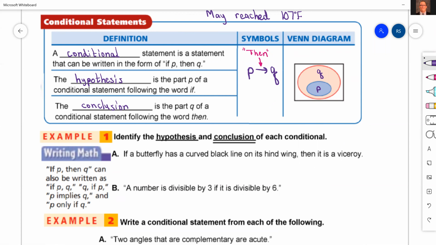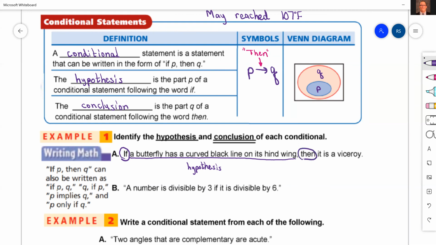Find the word if and then circle it. Whatever comes after if is your hypothesis. So this is our hypothesis. Then it is a viceroy.